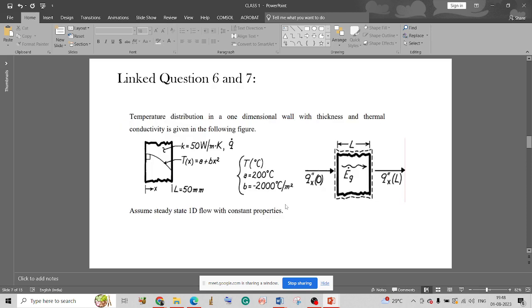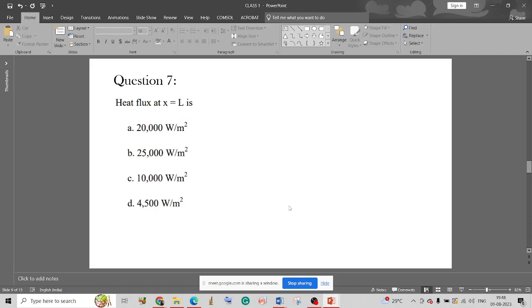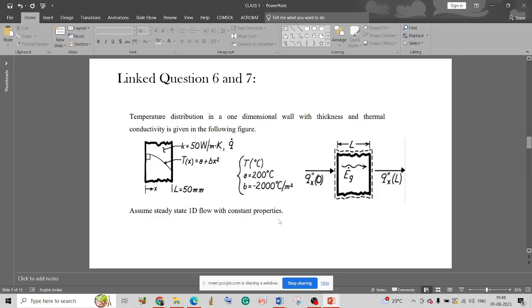As this is the linked question, in the same question, what is asked? It asks us to find the heat flux at x equal to L, that is, at 50 mm, at this surface. We have to find qx double dash at L. Right? How to find it?